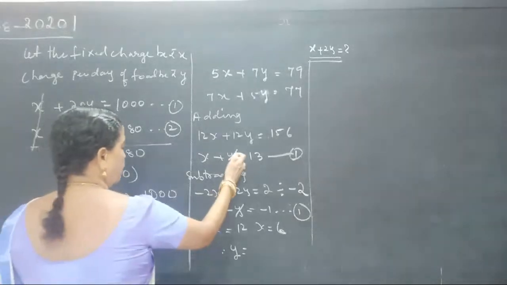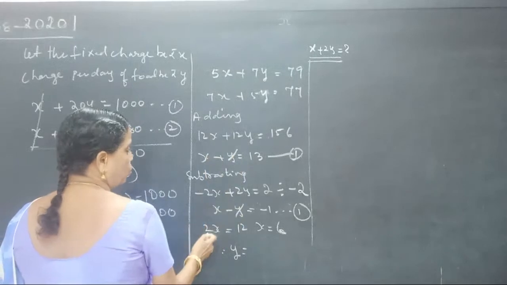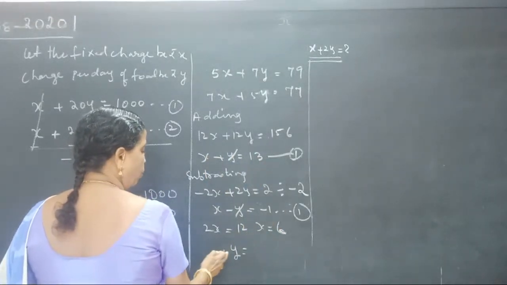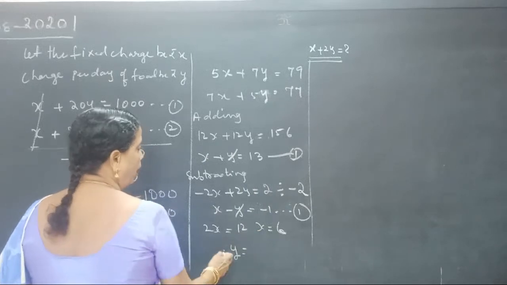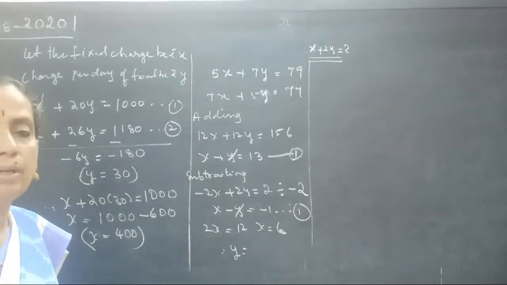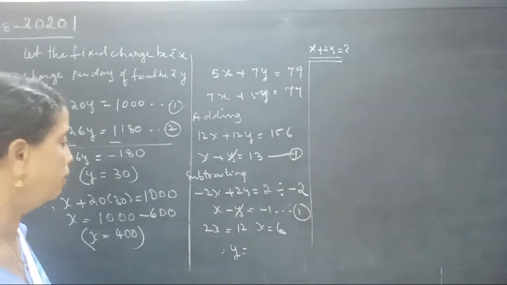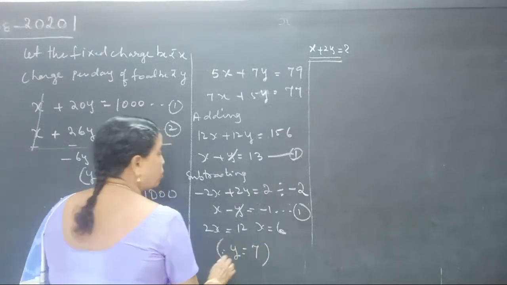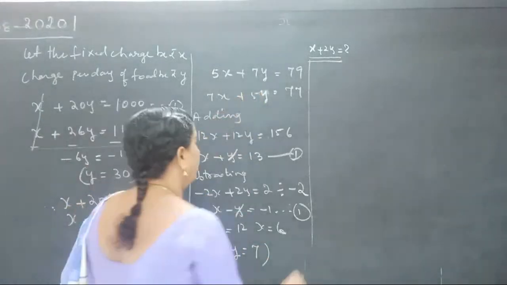On addition only, x plus x is 2x, 13 minus 1 is 12. So x equals 6. Y equals 7. Correct?